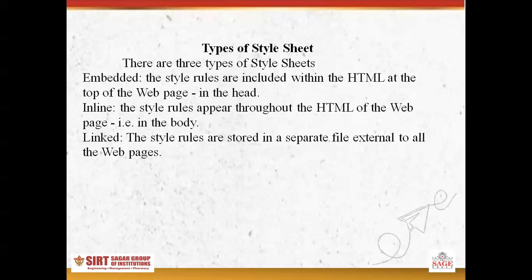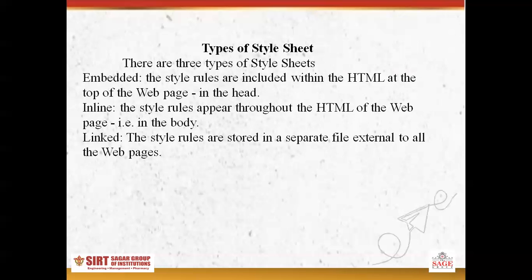Now, types of CSS. There are three types available. First is embedded. In this type of CSS, style rules are included within the HTML at the top of the web page, which is in the head.